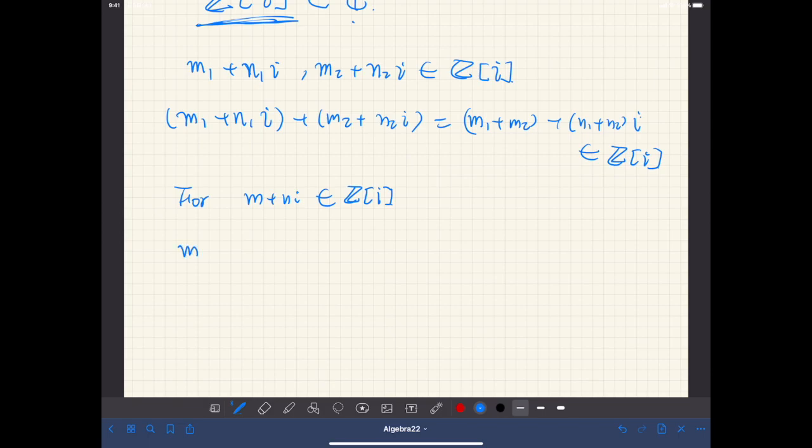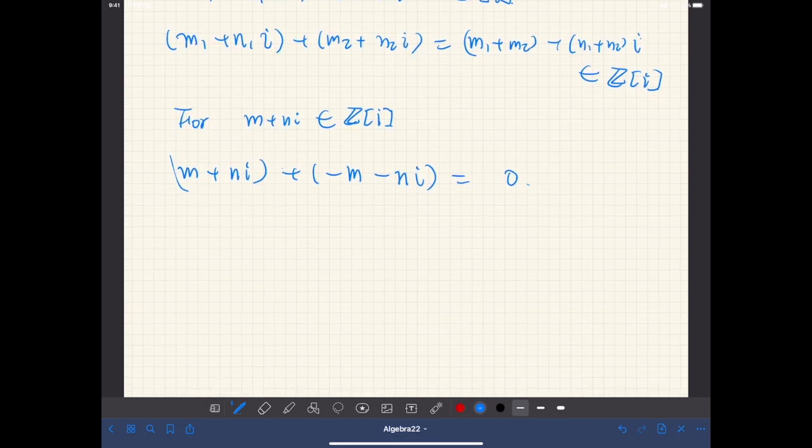So m plus ni plus negative m minus ni is equal to 0. So there is always an additive inverse. Okay, and of course this is an element of Z of I.